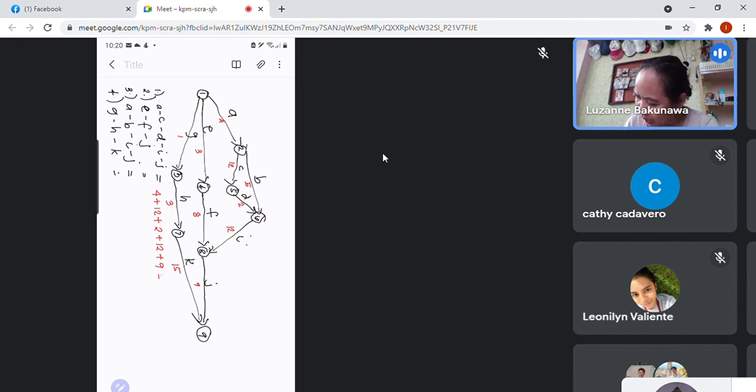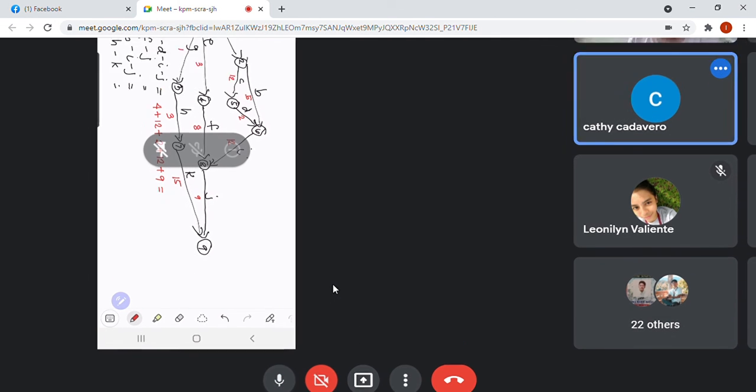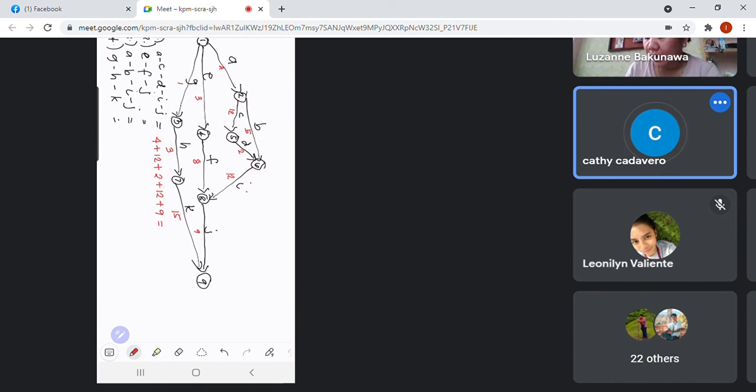So what is the total for this path? 39 days. Okay, 39.